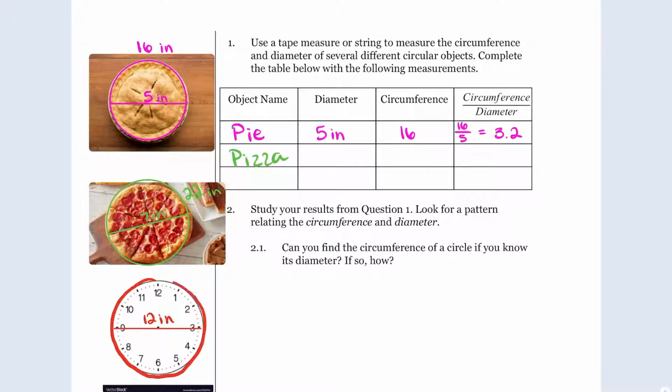And the circumference, it did a polygon again. Come on. There we go. And then the circumference of this clock is going to be 38 inches.